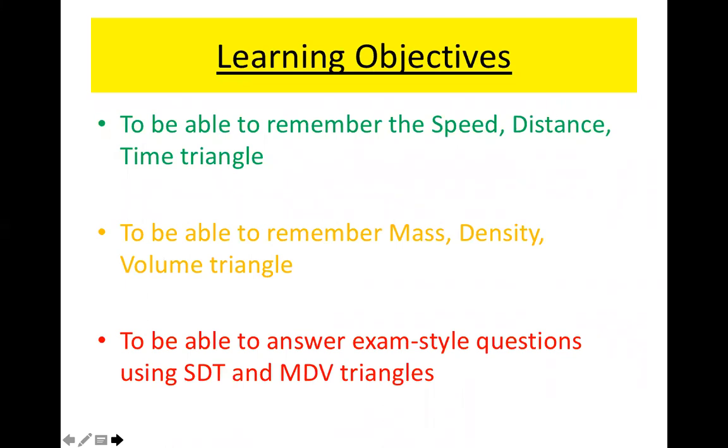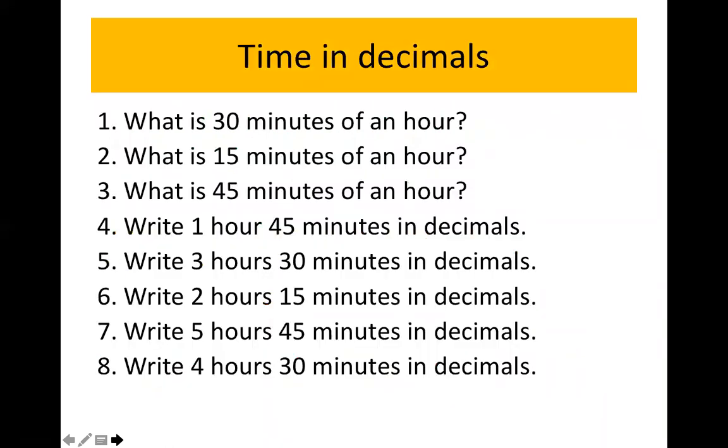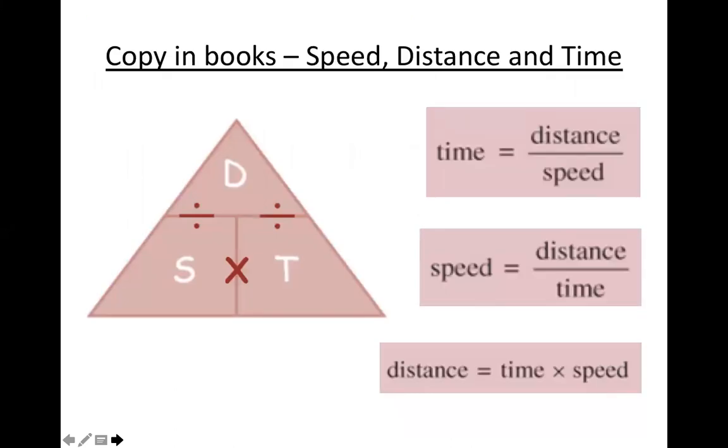Okay, so this is another important part. This is very useful for maths and for physics. I have speed equals distance over time. If I put it in a triangle like this, and I want to calculate time, I cover time.